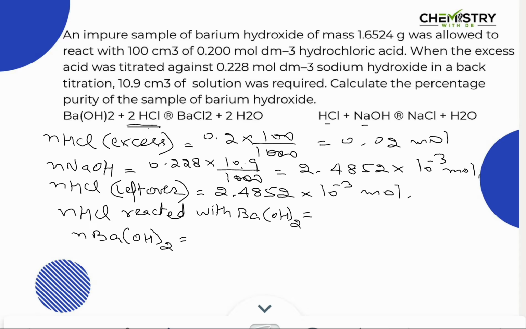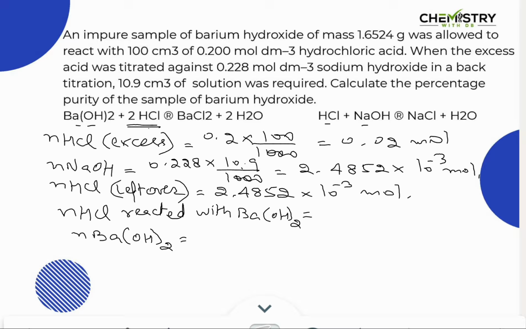So we can find out the number of moles of barium hydroxide, right? Because it's a 2 to 1 ratio. So that will be number of moles of HCl that reacted with barium hydroxide, which would be a difference of these two.